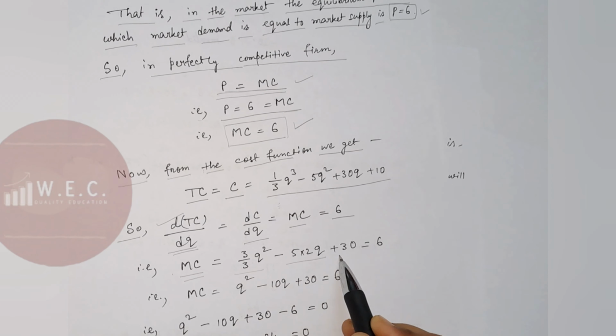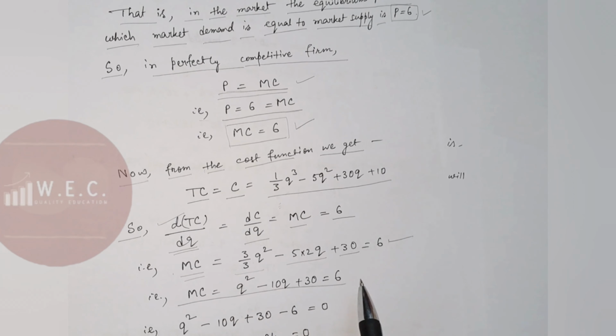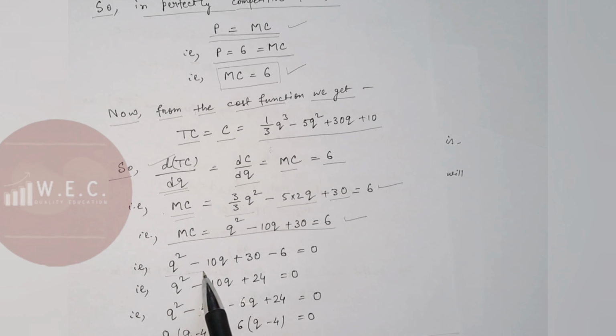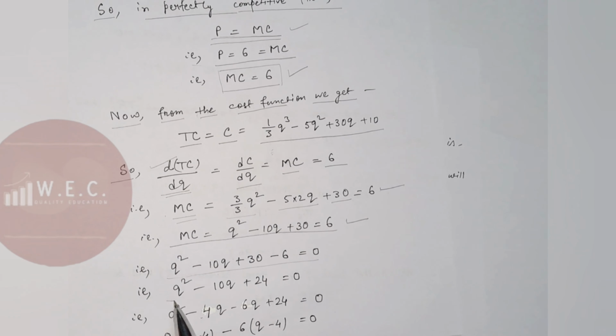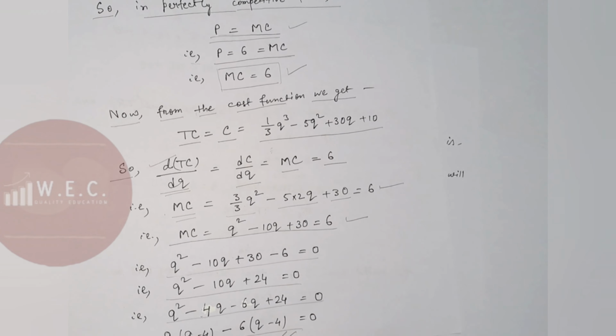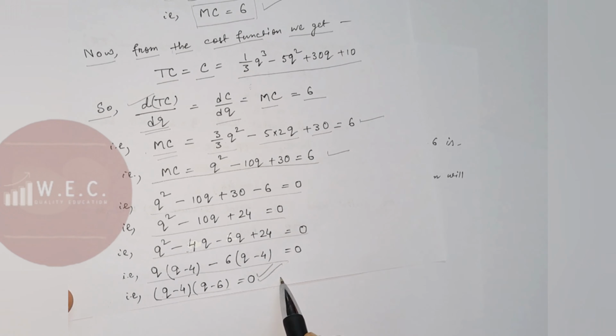We have the cost function. If we differentiate it with respect to Q, we will get MC. And we also know MC equals price equals 6. So differentiating the cost function with respect to Q and making it equal to 6, we will get an equation. Solving that equation, we can get the values of Q.